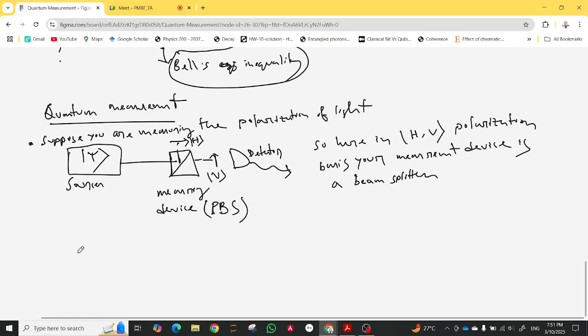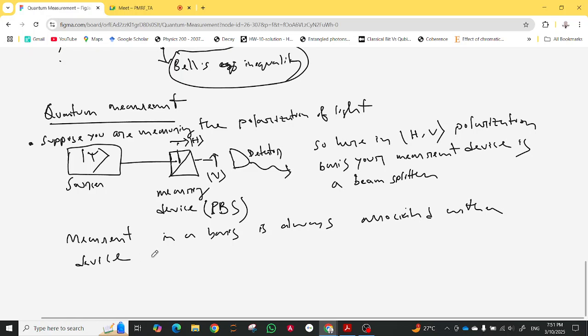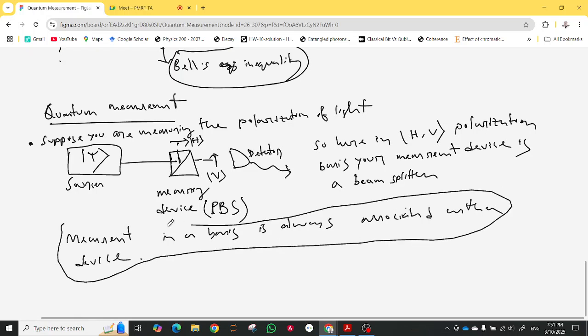In words, we write: measurement in a basis is always associated with a measurement device.